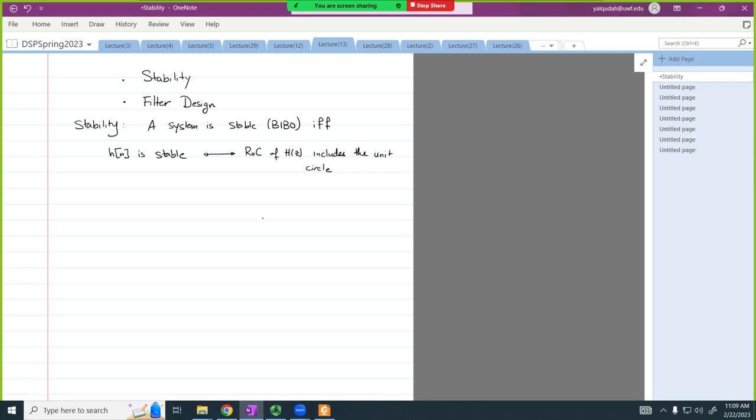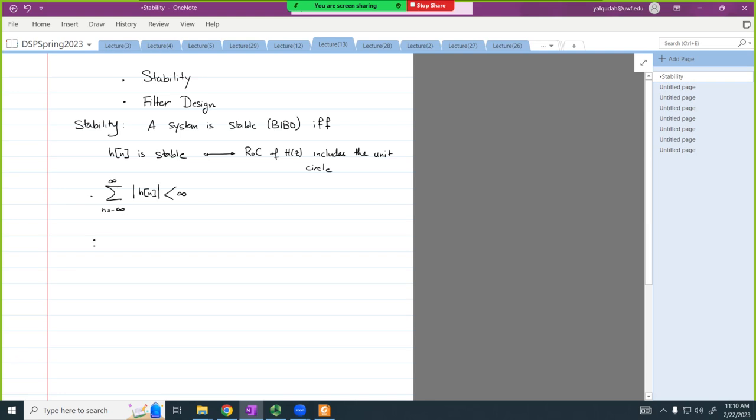So therefore, if h of n is stable, then the summation from n equals negative infinity to infinity of the absolute value of h of n has to be finite, less than infinity. And again, this is the same as saying the region of convergence of H of z must include the unit circle.